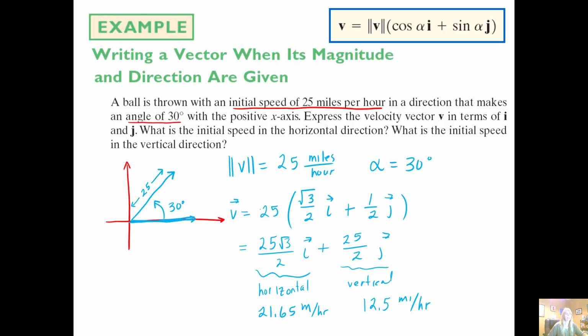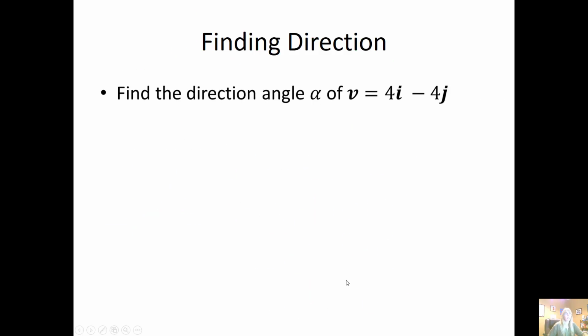One last thing in this section is to find the direction angle, alpha. If I want to find the direction angle, once again, I can draw a little picture. I go over 4, and then it's negative in the vertical, 4.